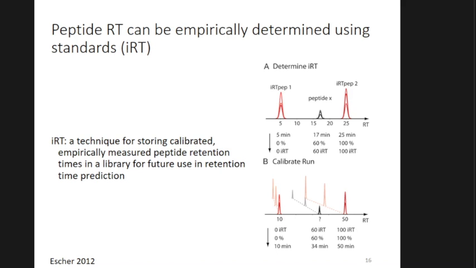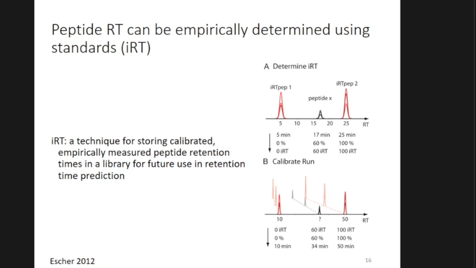I will mention in a couple of slides some of the various commercial options available to you, if for some reason you have a grudge against Pierce and don't want to use their retention time standard mix. The concept is the same no matter what anchor peptides you use.